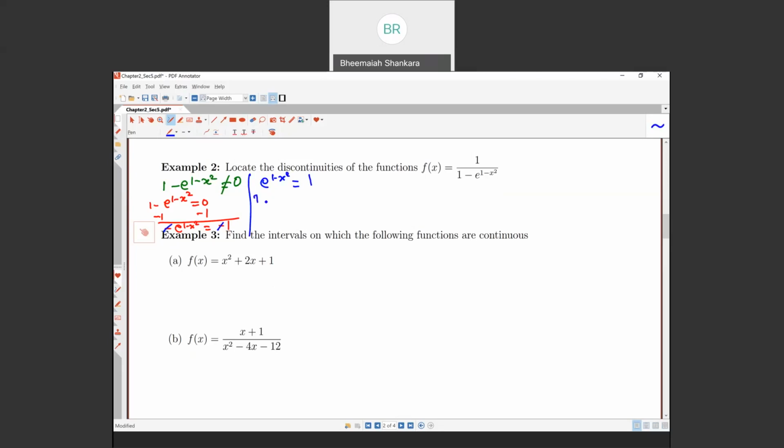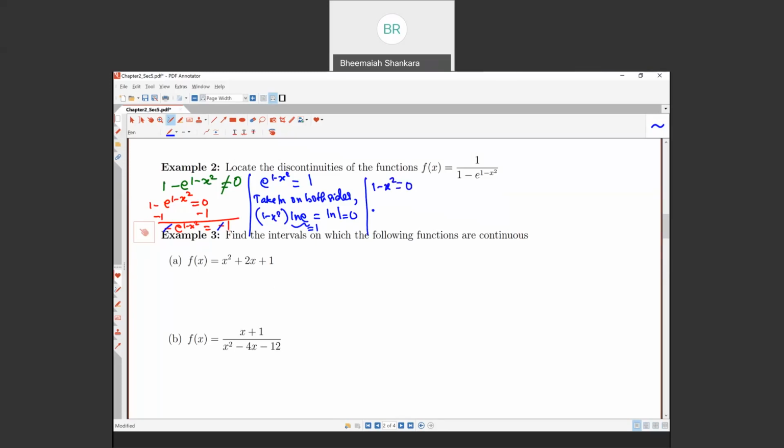Now you take ln, the natural log, on both sides. When you do, you have 1 minus x squared times ln e equals ln 1. We all know that ln 1 is 0 and ln e equals 1. So you can say that 1 minus x squared equals 0.